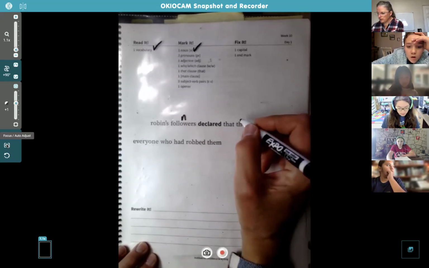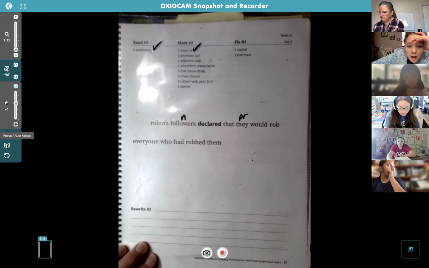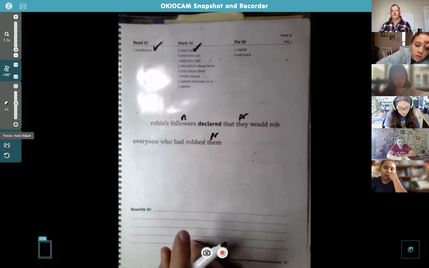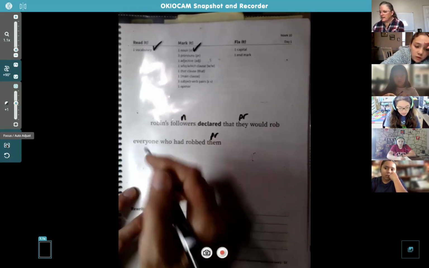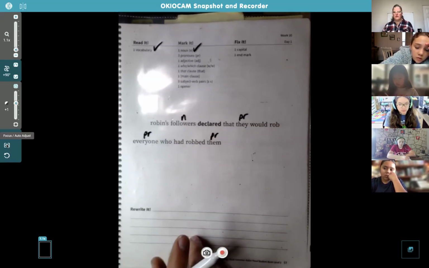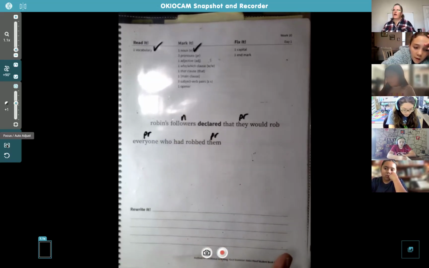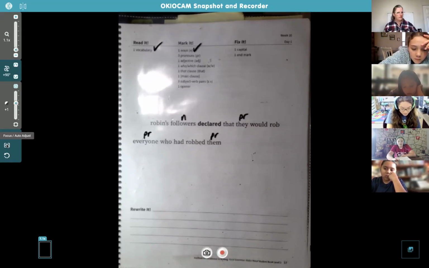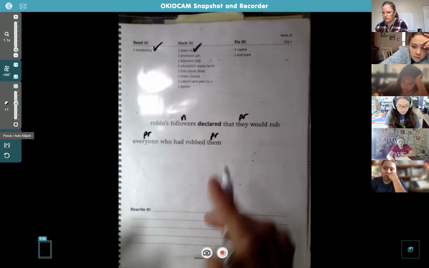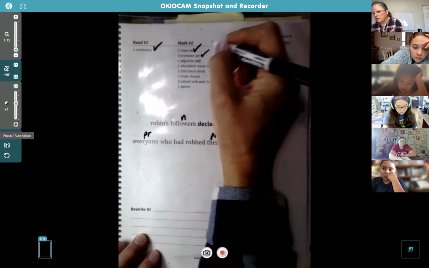They, good. Them, good. Everyone. Good. Yes, that is one of those. Remember when we talked about indefinite pronouns? Those are the ones that are vague, like somewhere, someone, everyone, anyone. Those types of pronouns don't really tell specifically who they're talking about or where they're talking about.